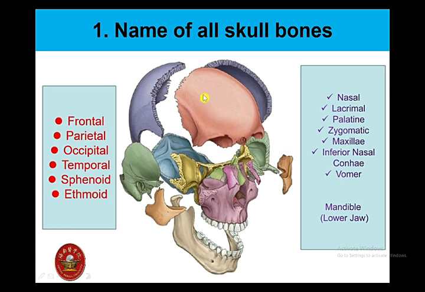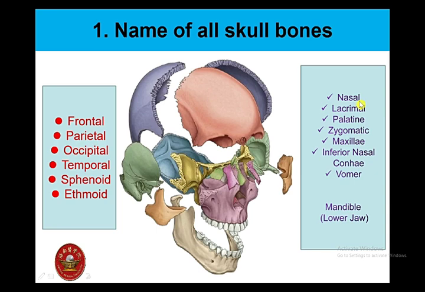So unpaired frontal, paired parietal, unpaired occipital, paired temporal, unpaired sphenoidal, unpaired ethmoidal, making the cranial bone.